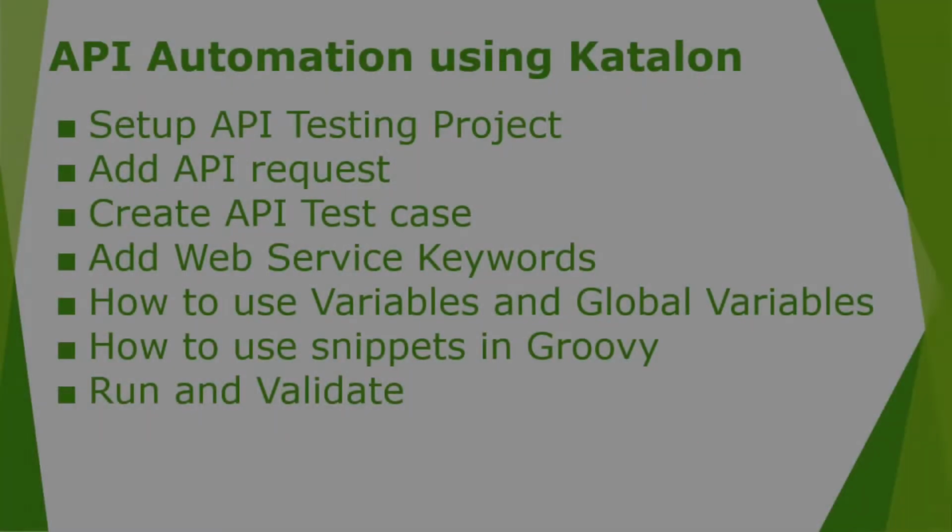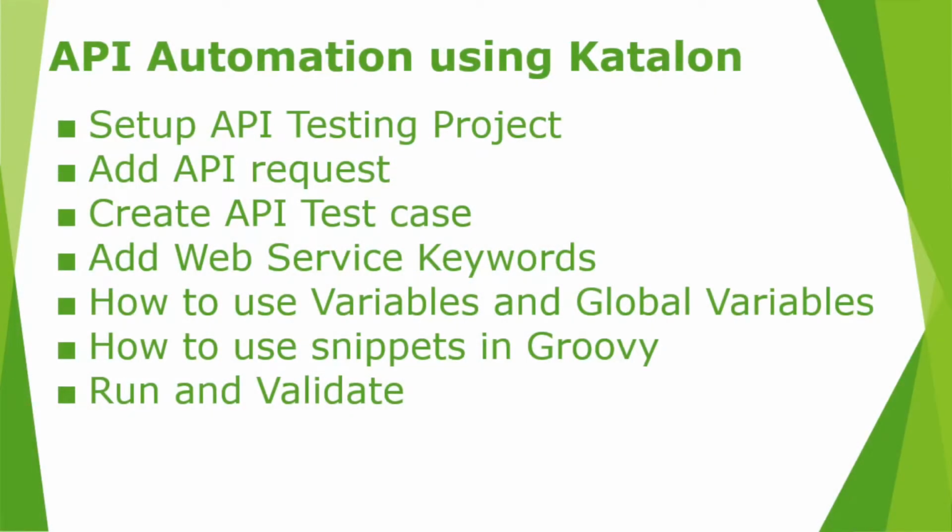Okay, so here are the steps that we need to follow in automating API services by using the Katalon automation tool. First, we need to set up an API testing project by using the existing templates. Basically, whenever you create a project in Katalon, you can select predefined templates for API testing.